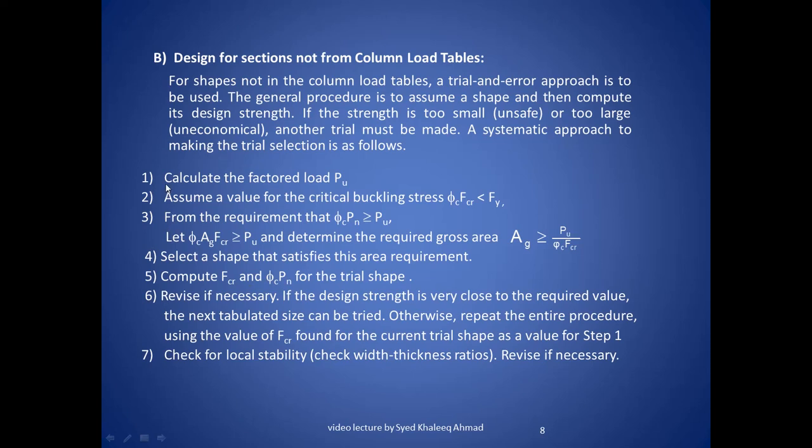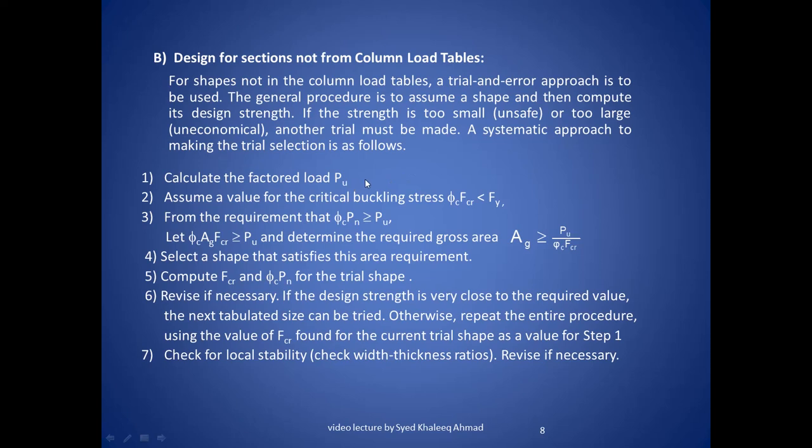First step is to calculate the factored load Pu based on the values of dead load and live load. We have seen in the previous example and also in the previous lecture how to find the design load, because the load factors will be 1.2 times dead load, and similarly for live load it will be 1.6.